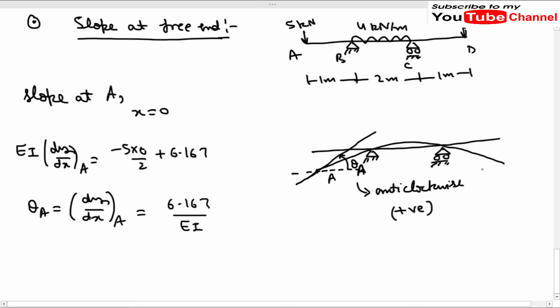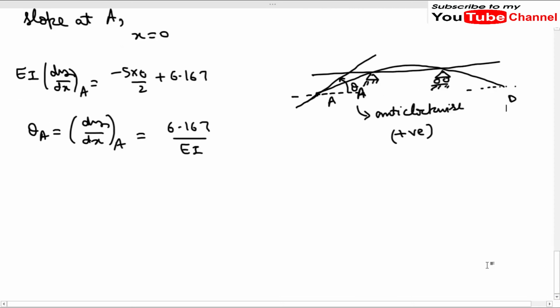Okay, and if you measure the slope at D, it will just be opposite of this value 6.167. Okay, and you can also find out the value. So slope at D, dy by dx at D will be equal to 1 by EI.